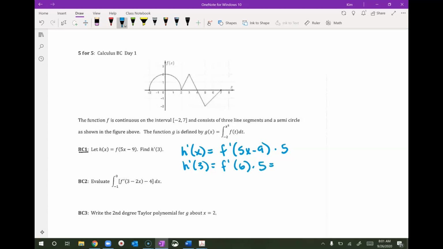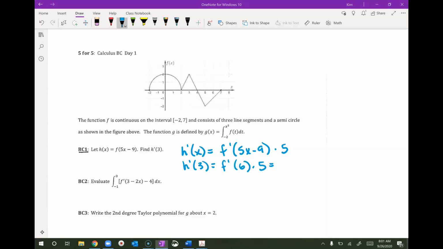So now we're going to go to the graph, and yes, the graph is a piecewise function. Never, ever, ever do I want you to write out your different pieces, the different equations that make up this graph. I just want you to go to that point on the graph, and hopefully it's on a line, and you can tell the slope.